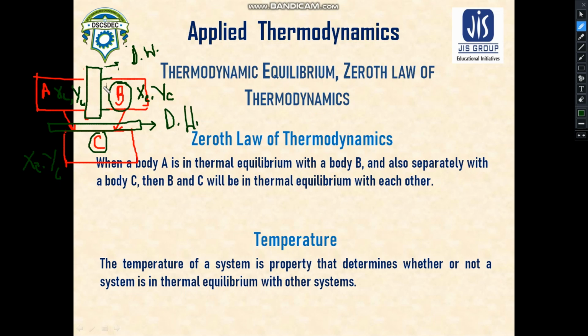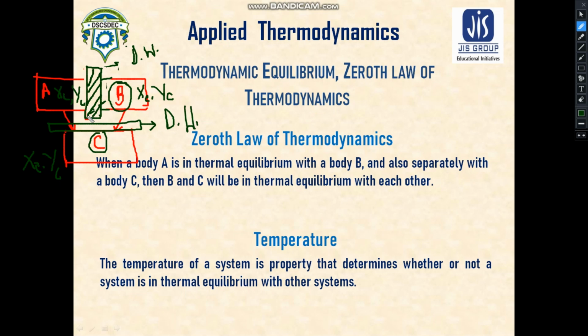understandable? I think that means, so in the first case, you have separated the systems A and B with an adiabatic wall. So they don't interact with themselves.